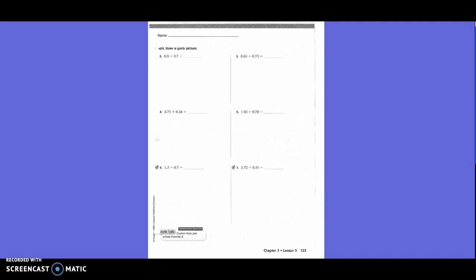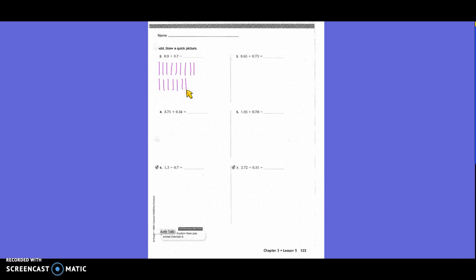Okay, so they want us to add and then draw a quick picture. So I have 9/10 and I have 7/10. So what am I going to draw? 9 longs. 1, 2, 3, 4, 5, 6, 7, 8, 9. And then how many longs again? 1, 2, 3, 4, 5, 6, 7.